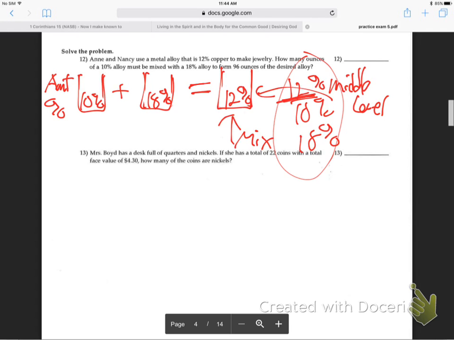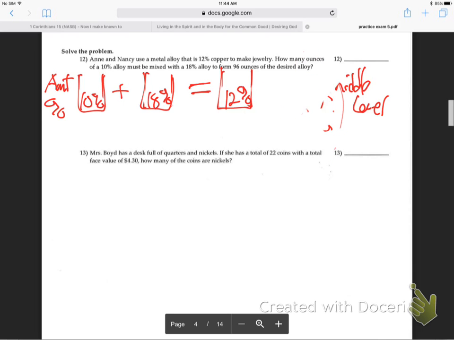So watch out, they're trying to trick you. You can't always just take them in the order they are in the story problem. When you mix things, the final one is the mid-level. The weaker brings the stronger down, the stronger brings the weaker up, and the final thing is between them.